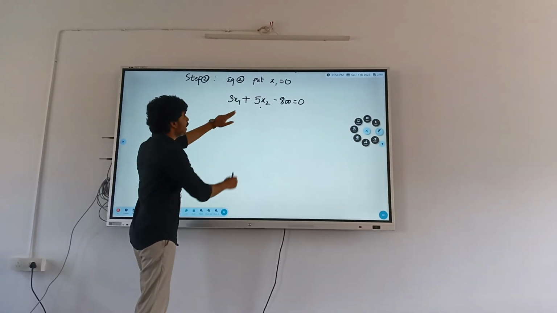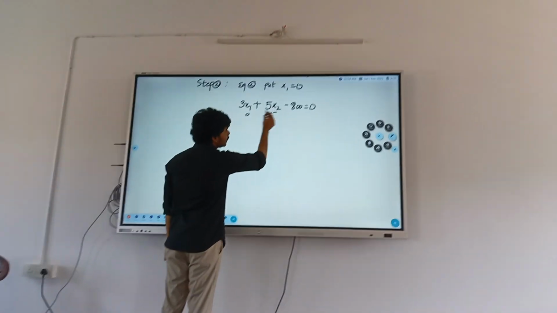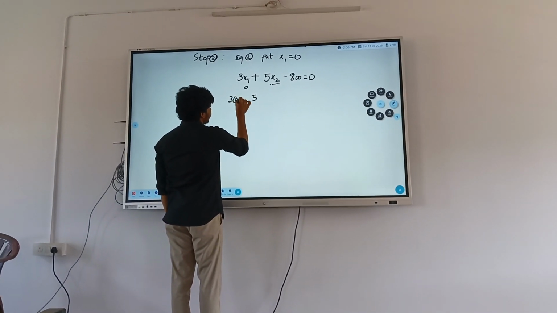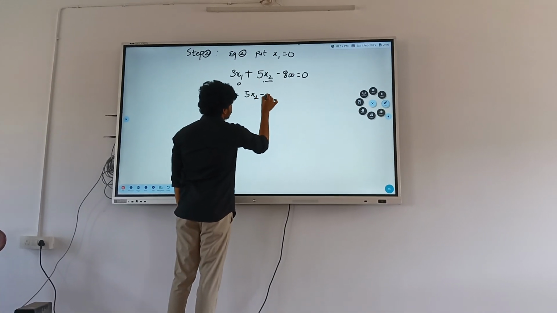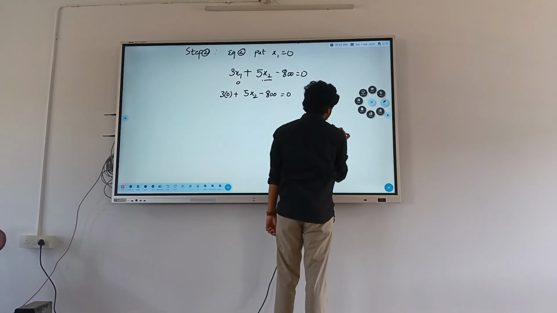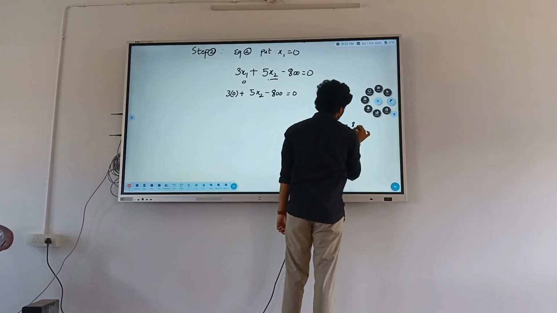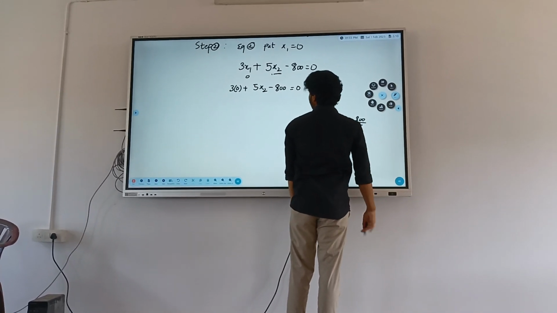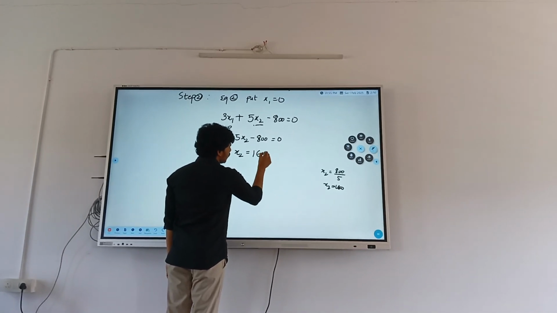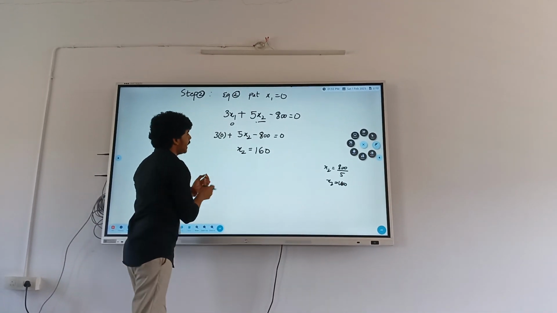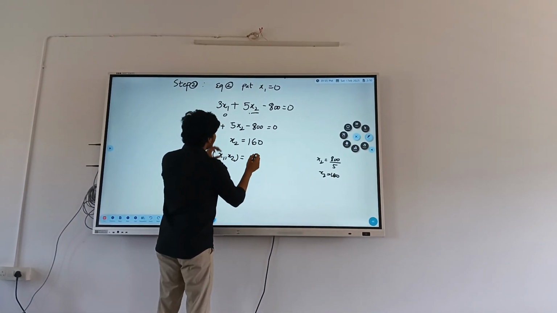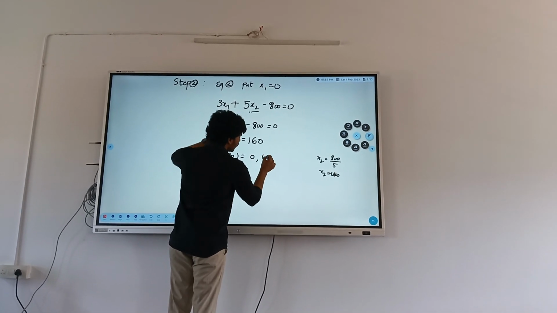If we put the x1 value as 0, we will find the value of x2. The x2 value will be 160. So the points are 0, 160.